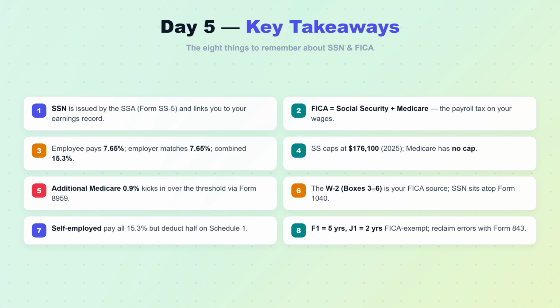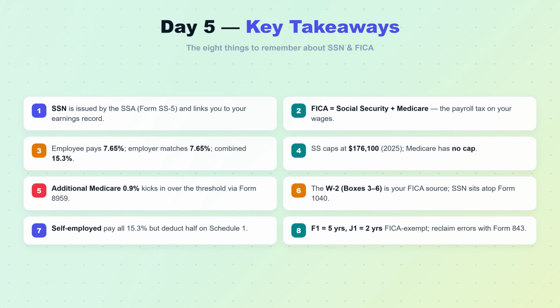Let's go through the day 5 key takeaways. 1. Your SSN comes from the SSA via Form SS5 and links you to your earnings record. 2. FICA is Social Security plus Medicare, the payroll tax on your wages. 3. The employee pays 7.65%, the employer matches it, combined 15.3. 4. Social Security caps at $176,100 for 2025.